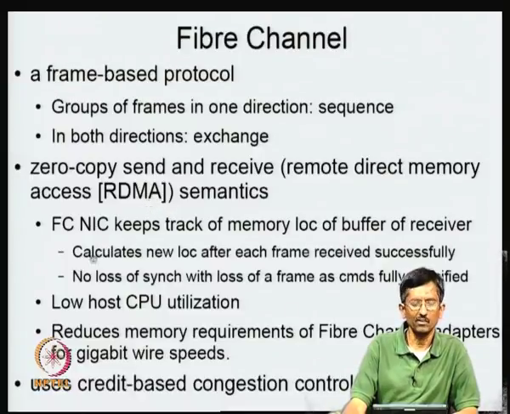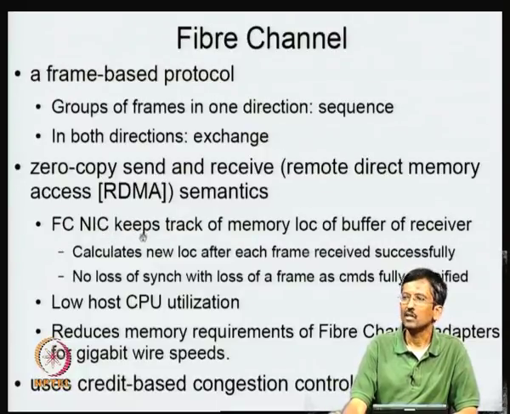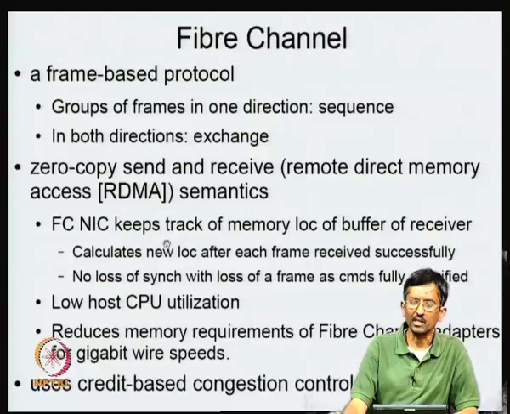What this means is that the network interface cards for the fiber channel, after some negotiation, essentially keep track of the memory location of the buffer of the receiver. Because they know the memory location of the buffer of the receiver, the DMA transfers that take place across the network can directly deposit the transferred data into the memory of the recipient.